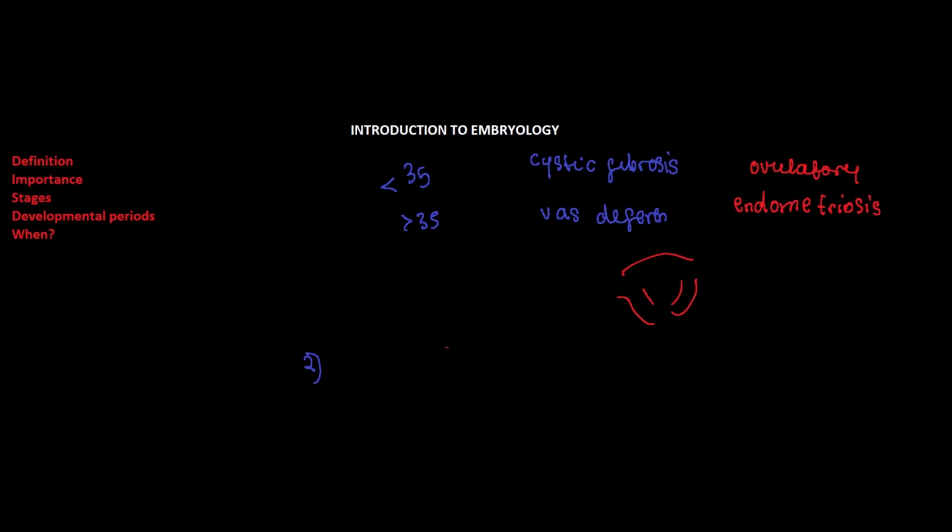A condition in which this endometrial-like tissue develops outside of the uterus is known as endometriosis, and people suffering from it usually experience painful menstrual periods. So endometriosis in women may be a cause of infertility.